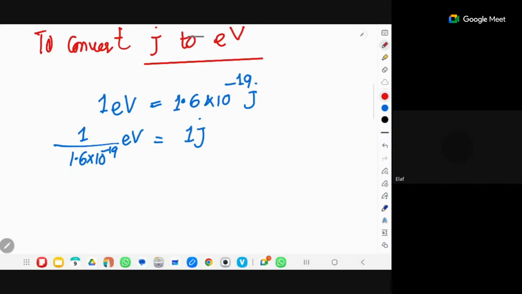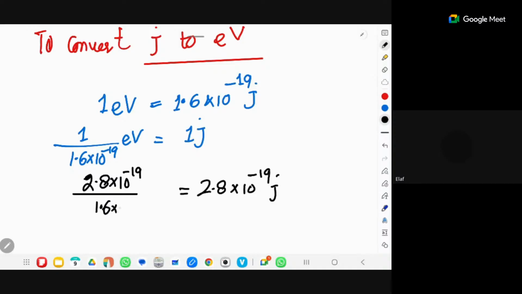I had 2.8 into 10 raised to the power minus 19 joules. That is equal to 2.8 into 10 raised to the power minus 19 divided by 1.6 into 10 raised to the power minus 19. Now this is in electron volt.